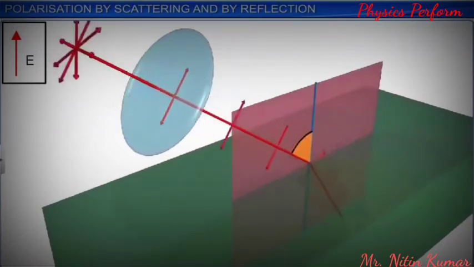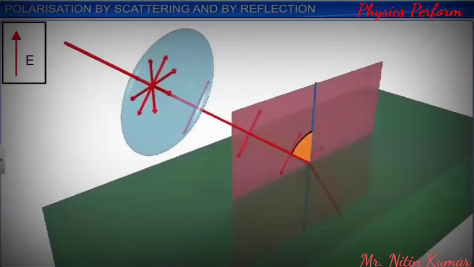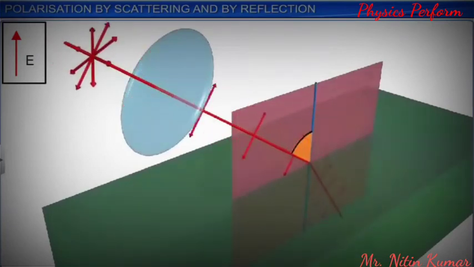Let N1 be the refractive index of the first medium and N2 be the refractive index of the second medium. From Snell's law, N1 sin IB is equal to N2 sin R. On combining these equations, we get N1 sin IB is equal to N2 sin (90 minus IB).